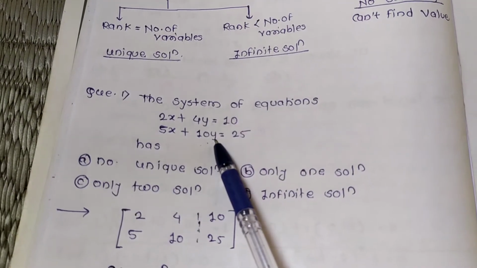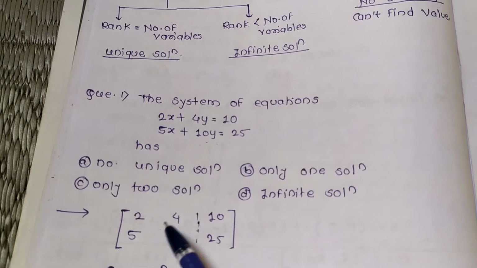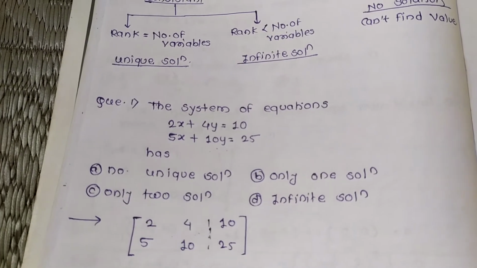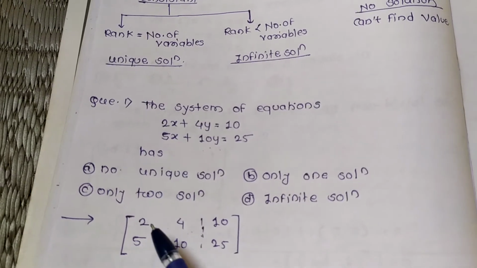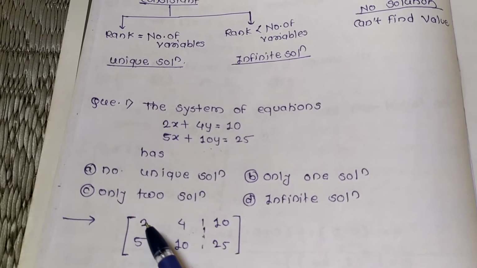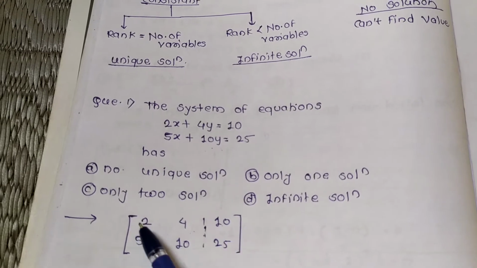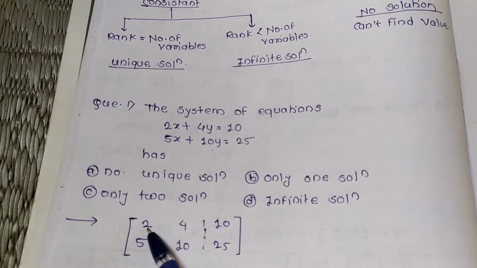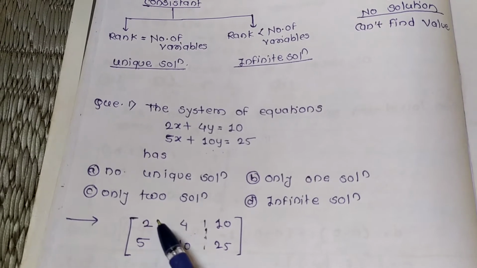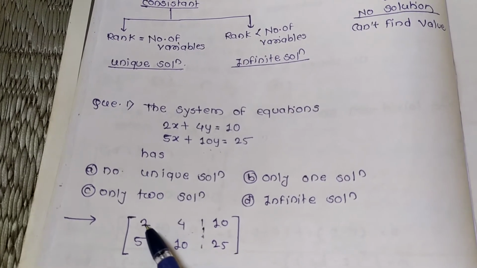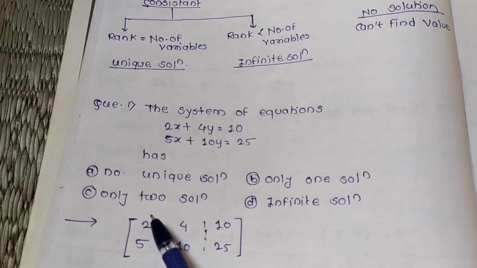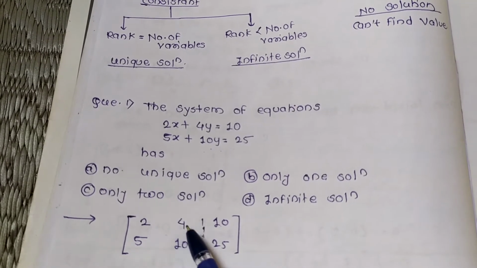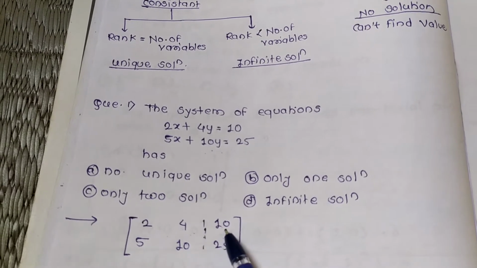This system is converted into an augmented matrix. Now, what we can do is convert this 2 into 1. For that, R1 becomes R1 by 2: 2 by 2 is 1, 4 by 2 is 2, 10 by 2 is 5.